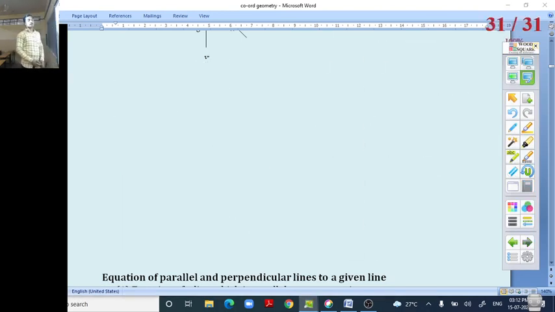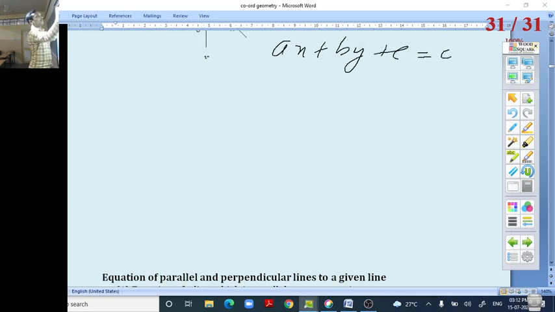Okay, so this is all about a line which is parallel to the given straight line. What about finding the equation of a line which is perpendicular to the given line? I give you a shortcut. Suppose that ax plus by plus c equals 0 is any given line like this.